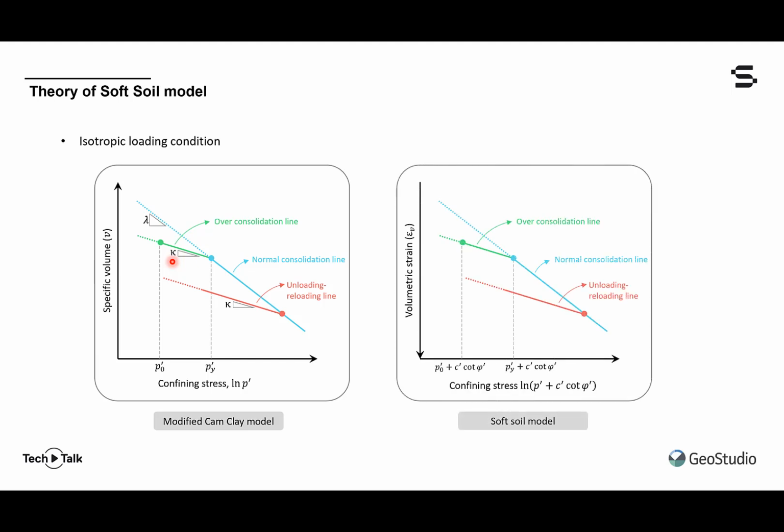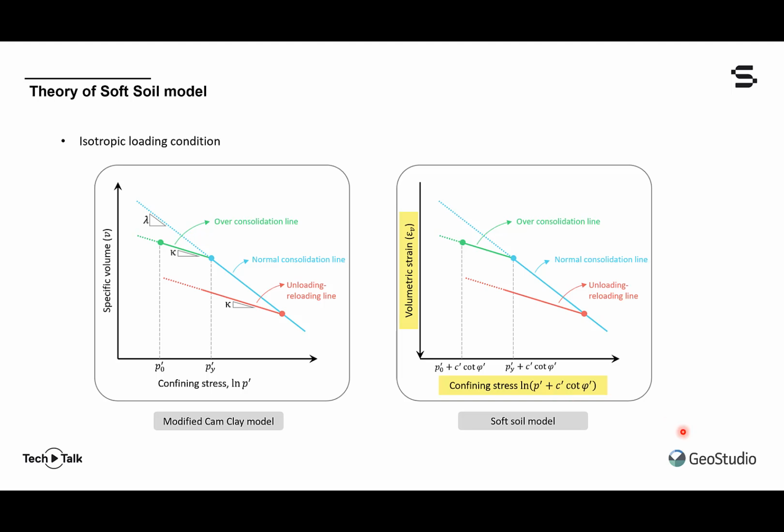The volumetric strain, however, is considered to be the vertical axis in this model. And in the natural log x-axis, the mean effective stress is additive on the cohesion times the cotangent of the friction angle.